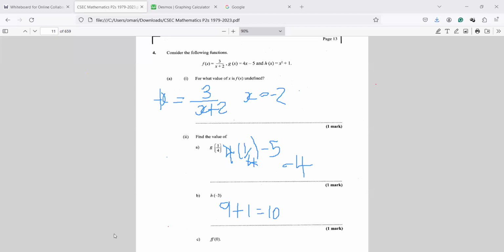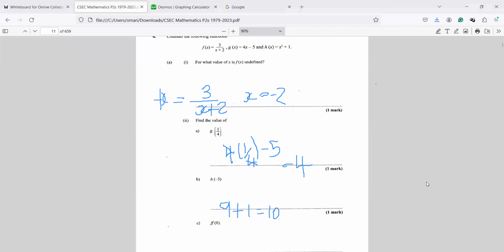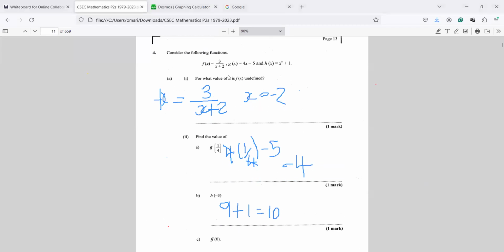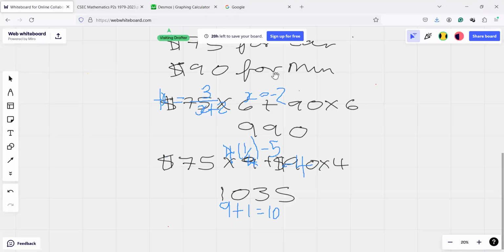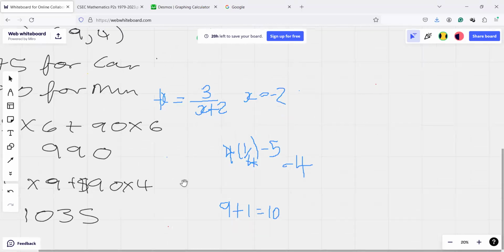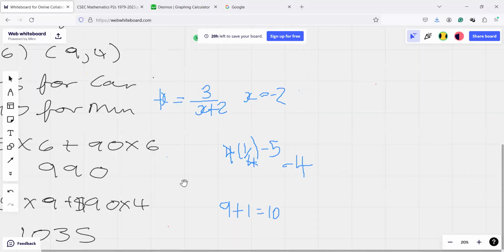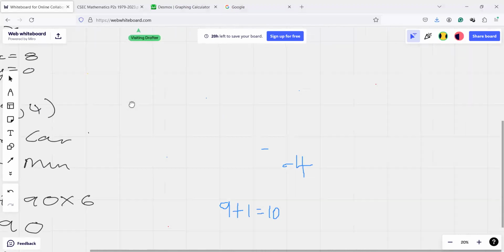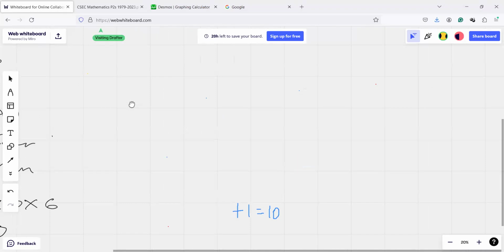So Omari, if you're able to, can you switch to the whiteboard? Let me erase this real quick. And the whiteboard. So let me see.